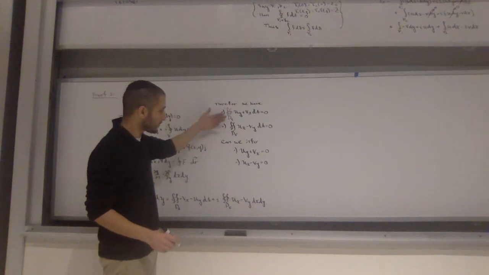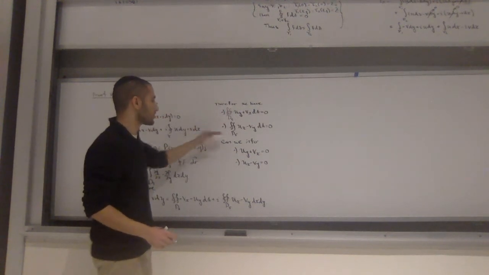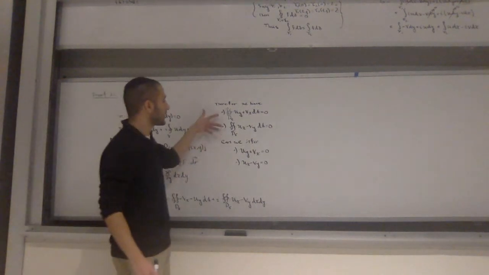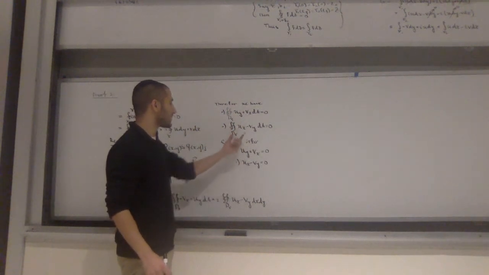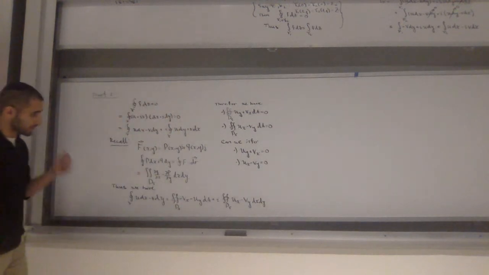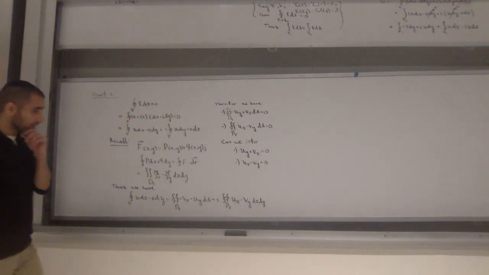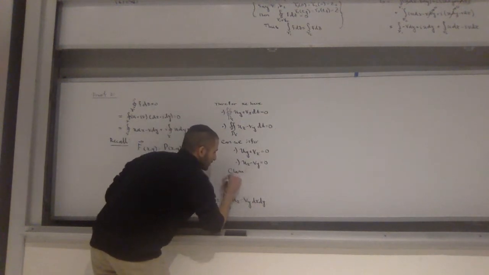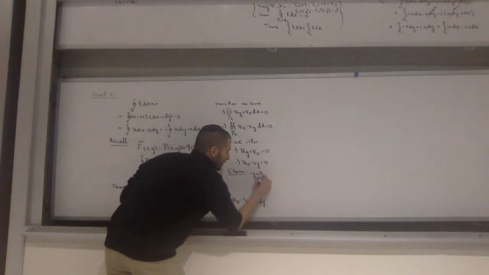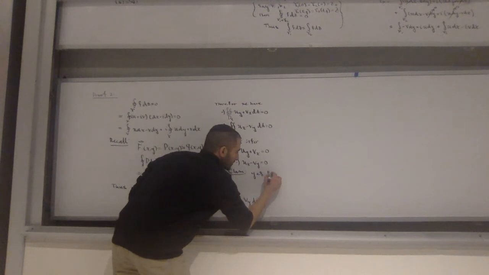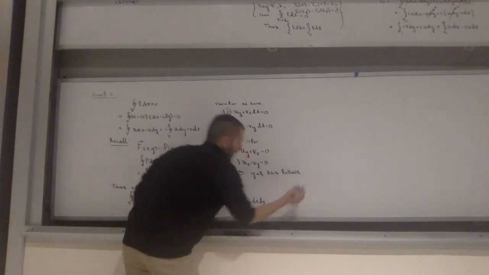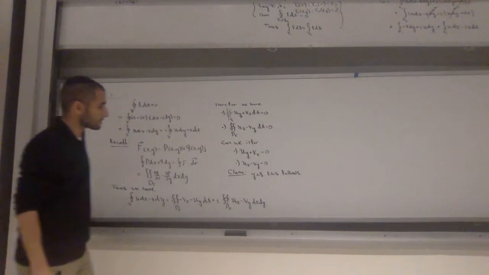It could be that part of the domain will give negative contribution and part of it will give positive contribution. Therefore, it's unclear whether the integrals being 0 implies that the integrands are 0 themselves. But the claim is that yes, this follows. And now we're going to have to prove this claim.